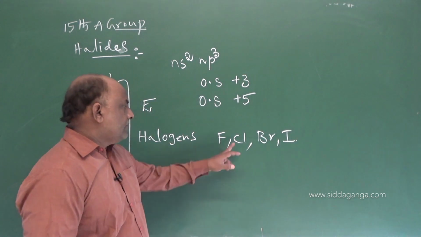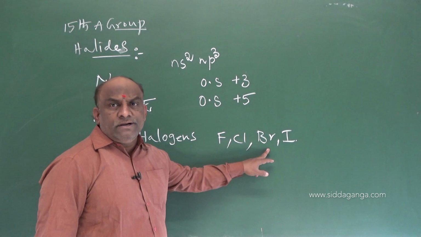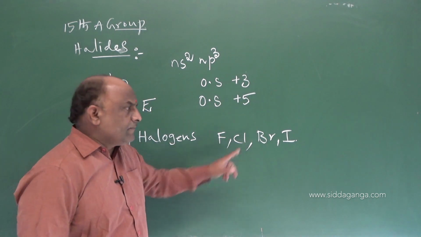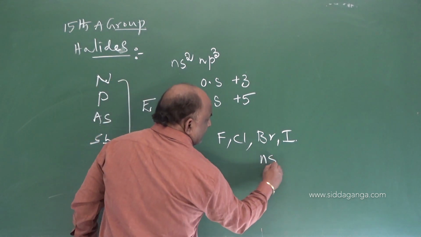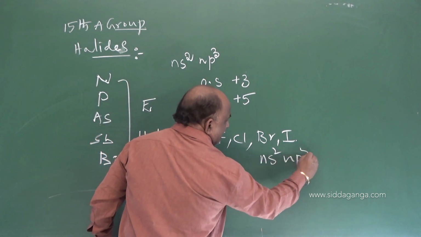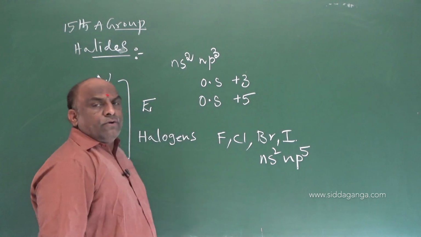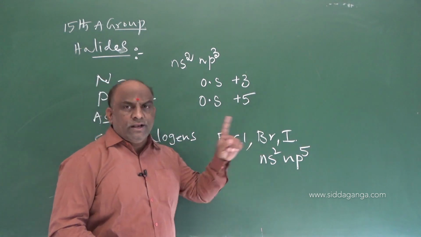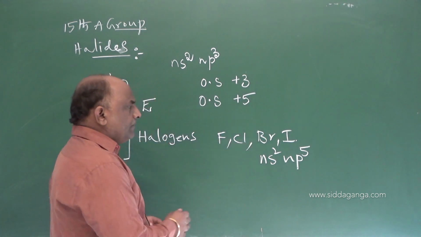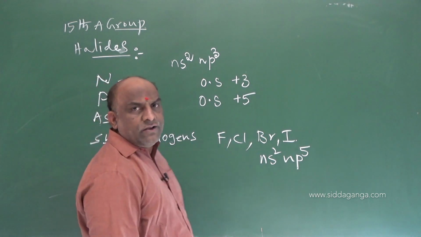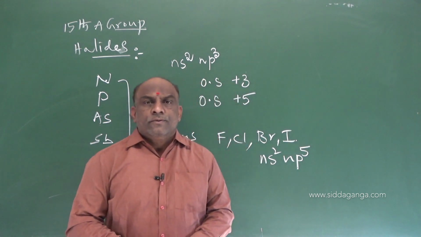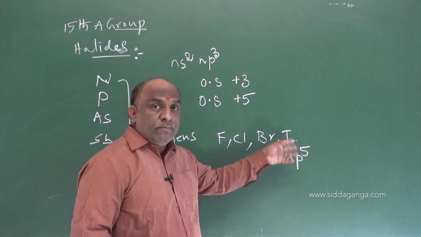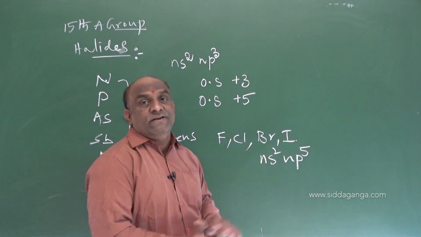These are 17th A group elements or 7th A group elements. The general electronic configuration is ns2 np5. For octet configuration, these elements require 1 electron. So the general oxidation states of halogens are -1, +1, +3, +5, +7.